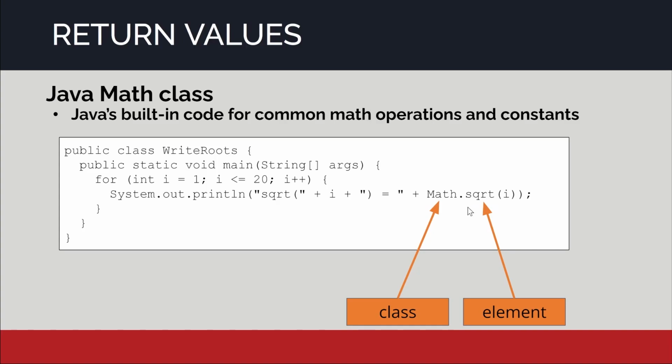When you're calling a method from another class, if it's a static method, which square root is, you need to specify the class first, that's the Math class, dot method name. If we were trying to use pi, it would be Math.PI, and that's not a method, that's just a value. So we wouldn't need the parentheses or a parameter.